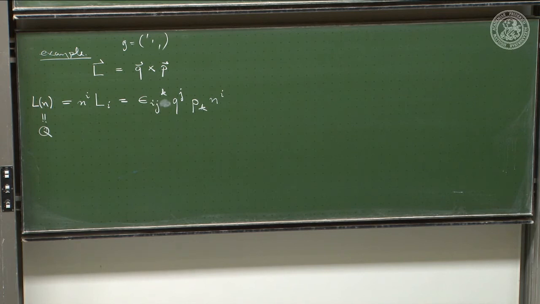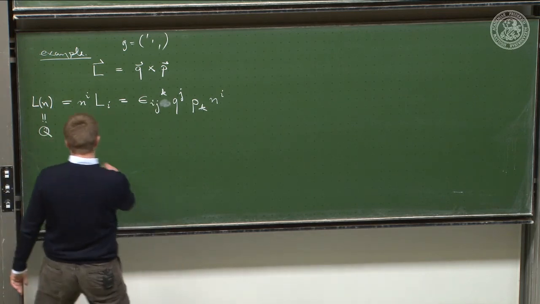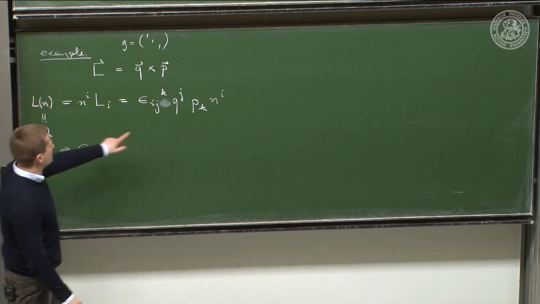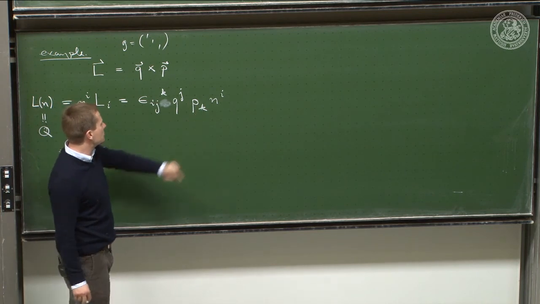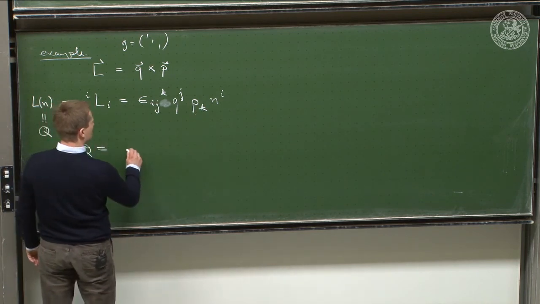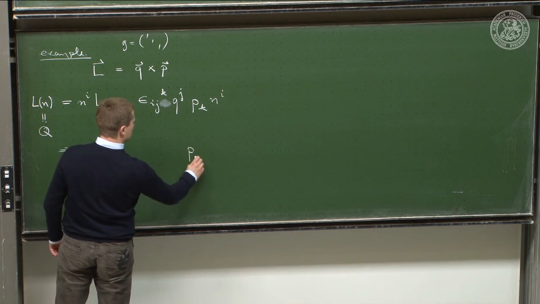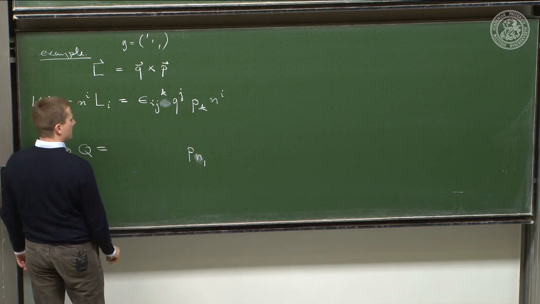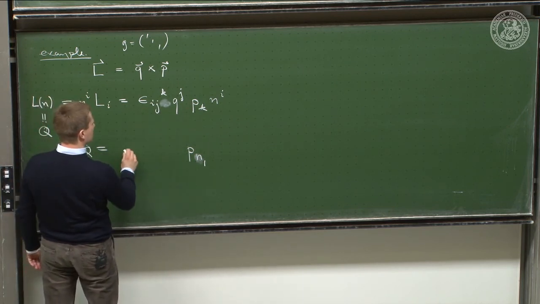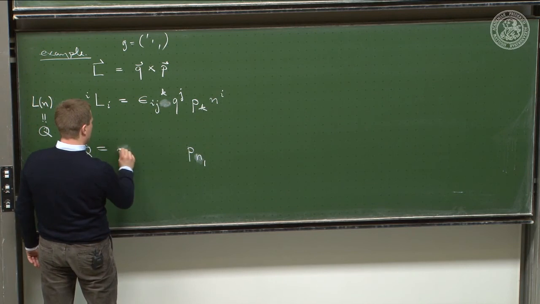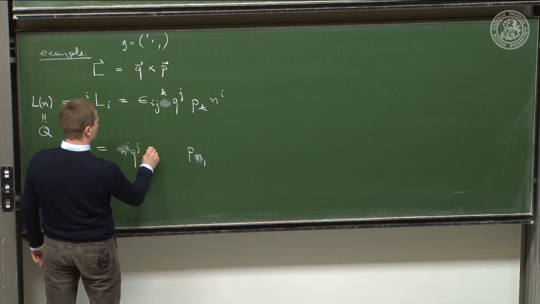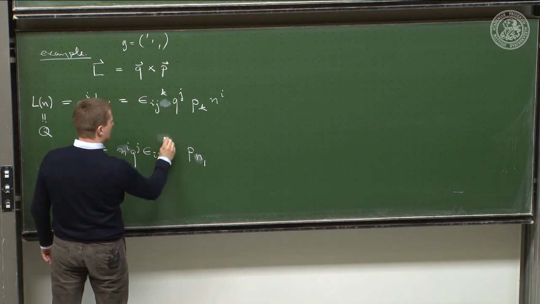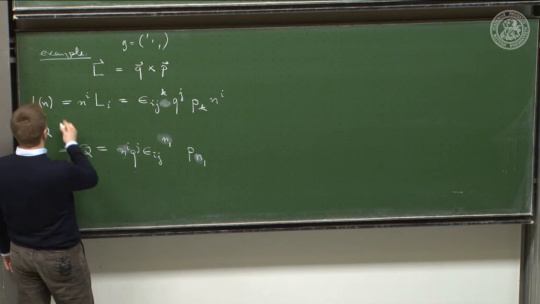Okay, so we call it our Q, and then we see that our Q has no zeroth order term in p, but it has a first order term in p. The first order term is p_k, and we always called it n1 in that case, and the coefficient in front is n^i q^j epsilon_ij^k.